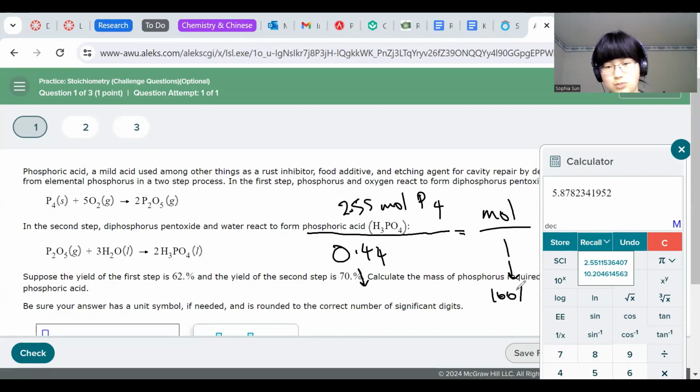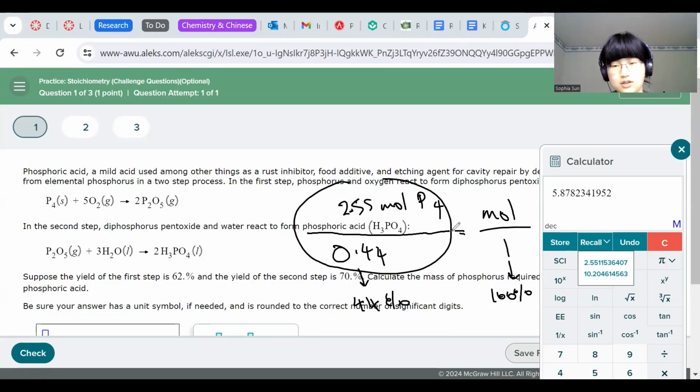So this would be 100%, and this would be 44%. And so if you cross multiply everything out, you'll get to the same place as before, this ratio. And that is why it's just division, because you're just going to end up back where you started, 2.55 divided by 0.44.